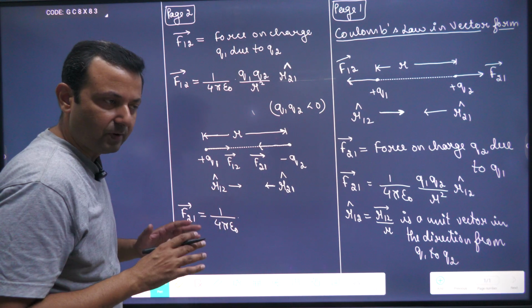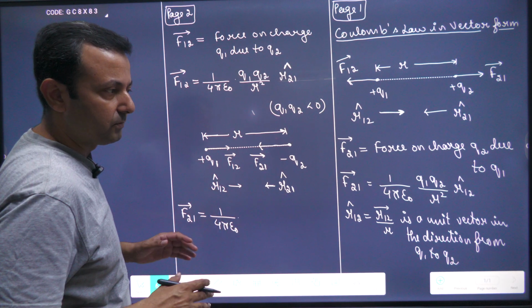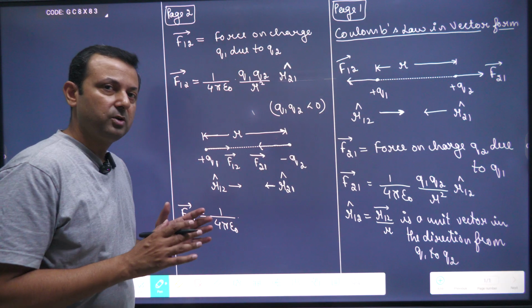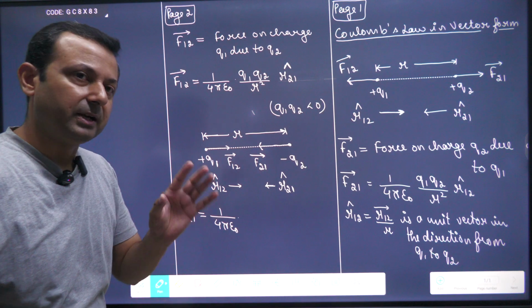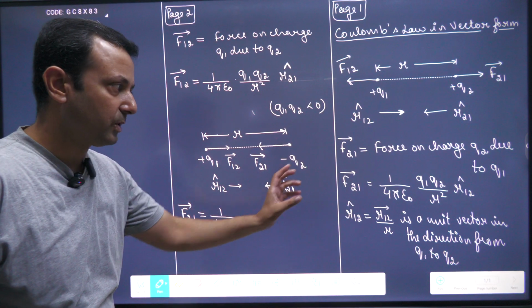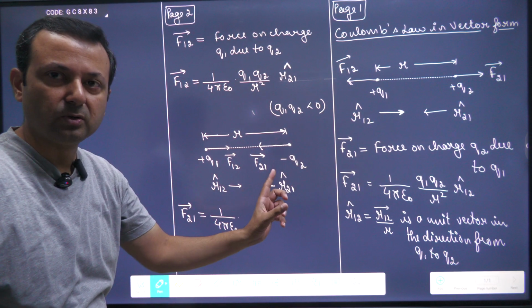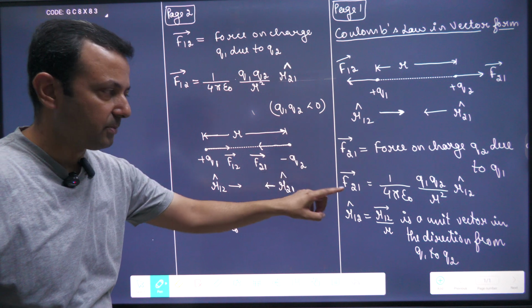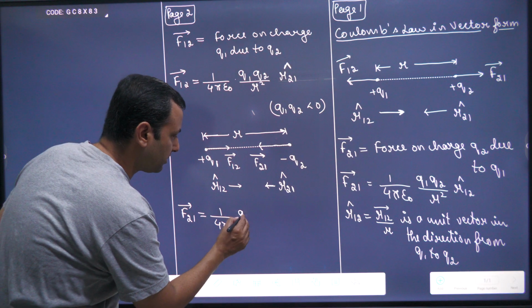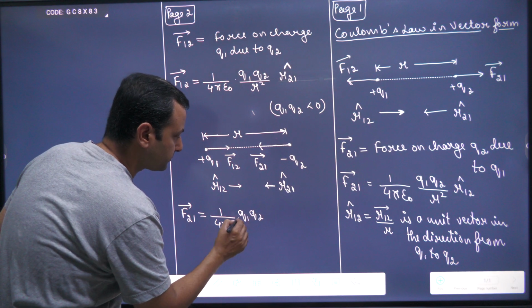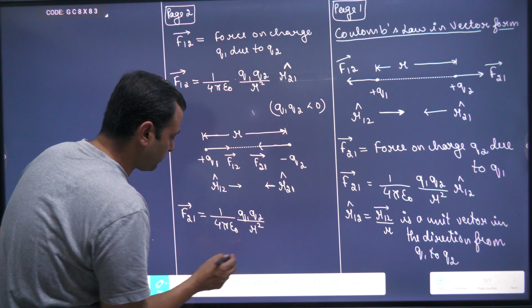Whenever we want to write the magnitude of force, we write the same formula: 1 upon 4 pi epsilon naught, Q1 Q2, the product of two charges, upon the square of the distance between them. So 1 upon 4 pi epsilon naught Q1 Q2 upon r square.